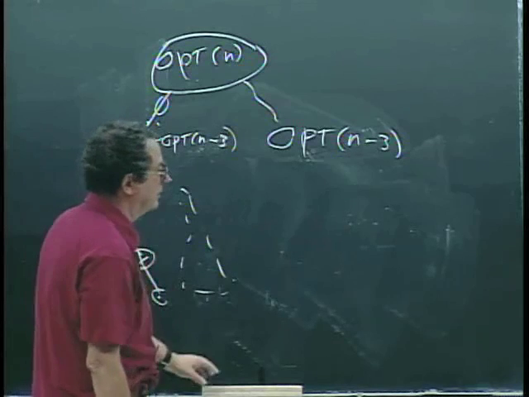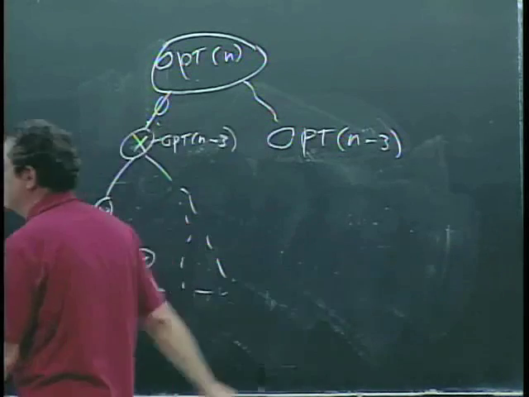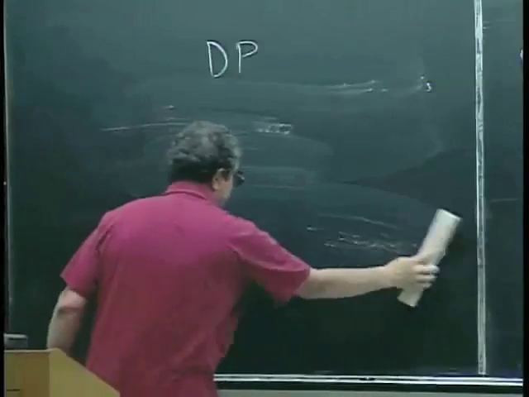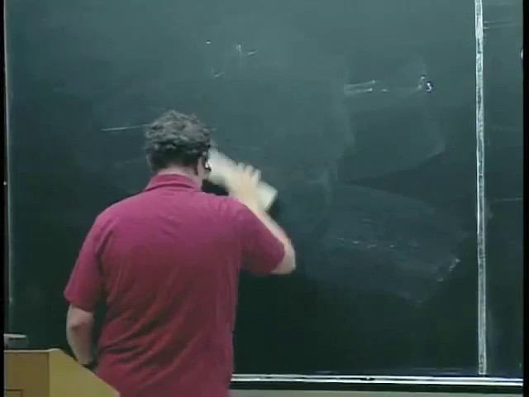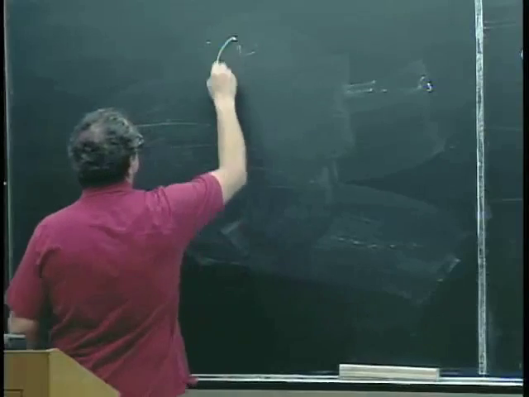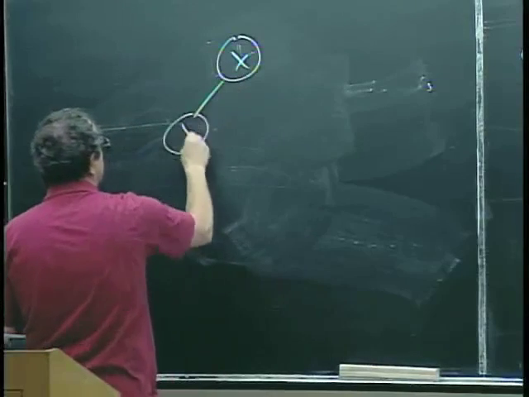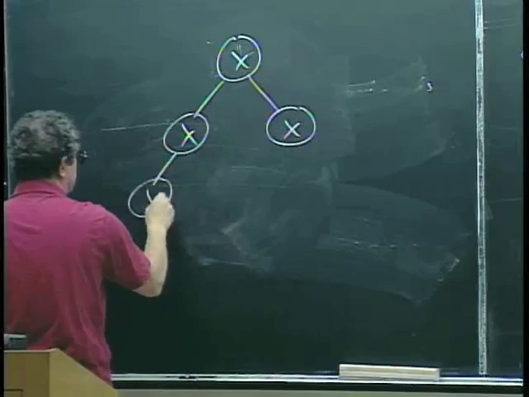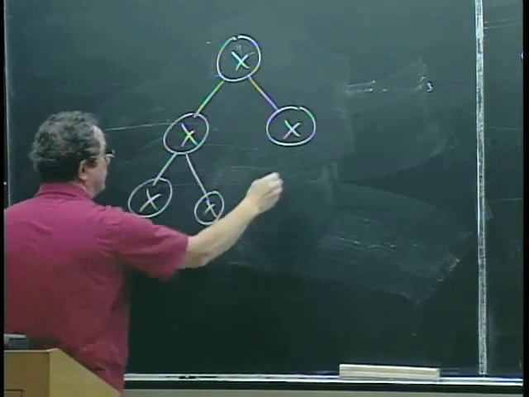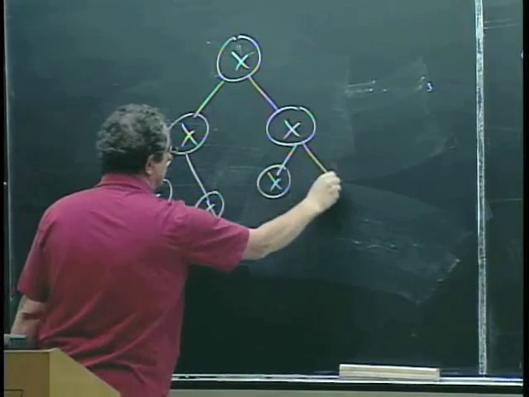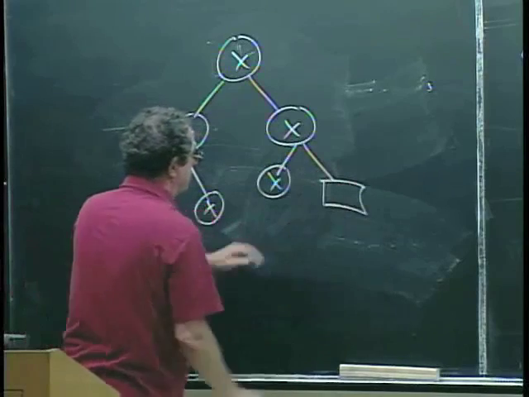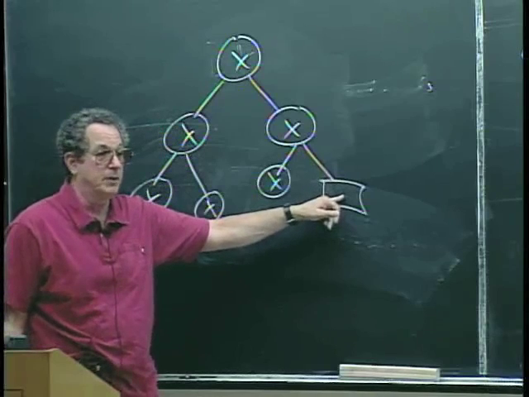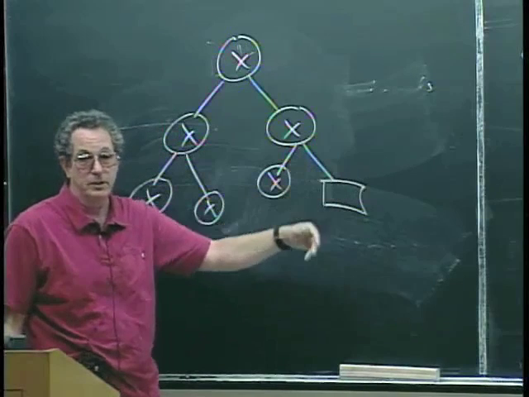Well, the key point, that board is full, so I'll come over here. So we have in the tree some nodes where recursive calls are made. And then we have some places where the algorithm was thinking about maybe making a recursive call but decided not to because that value was already known.